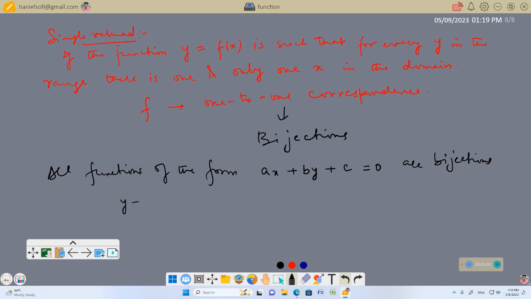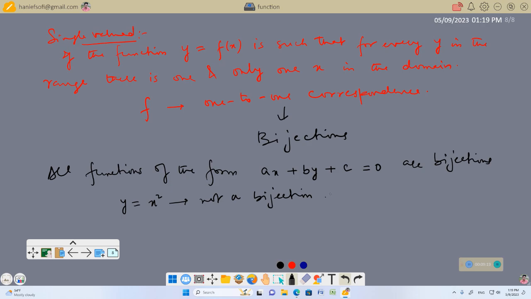Remember, if you take this function, which we have already discussed, y is equal to x square, which is a two-valued function, it is not a bijection. For example, corresponding to y equal to 4, there is x equal to 2 as well as x equal to minus 2.